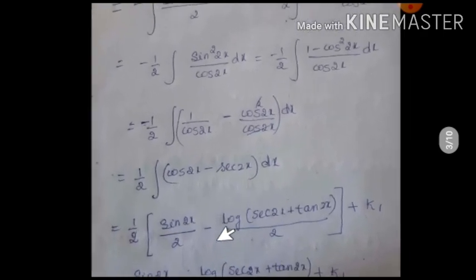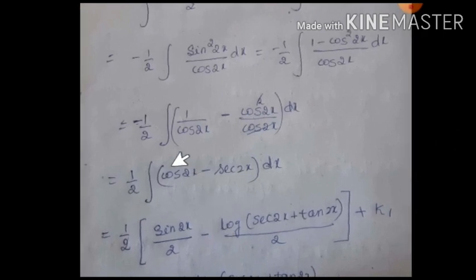Now minus and minus outside is there, so I am multiplying to that bracket. So this term comes first, cos 2x plus, and this term becomes minus. And we know 1 by cos 2x is nothing but what? Secant 2x. Now apply the integral formula.